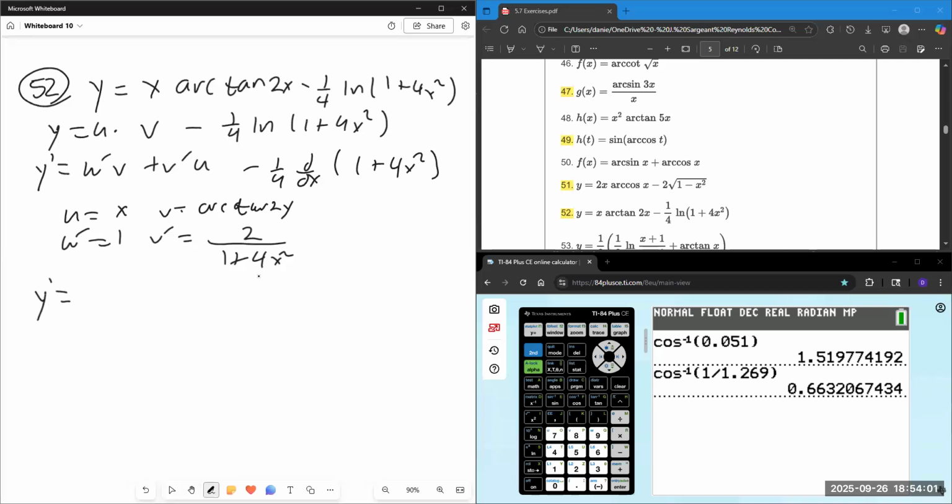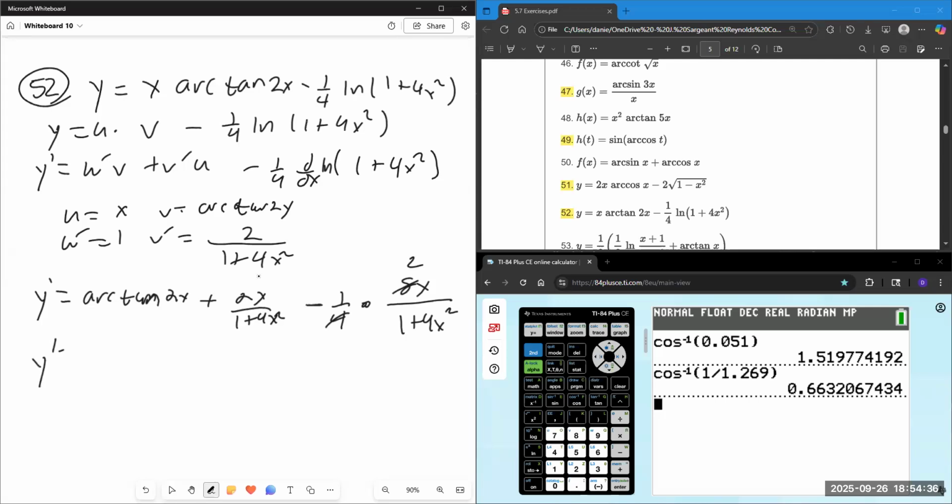So y prime is arctangent of 2x plus 2x over 1 plus 4x squared minus 1/4 times 1, this is ln, over 1 plus 4x squared times the derivative of the inside, which is 8x. 4 goes into 8 2 times.